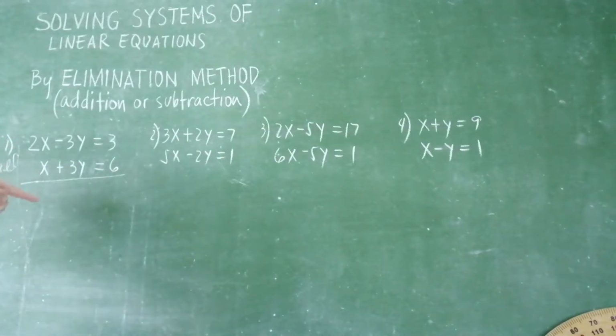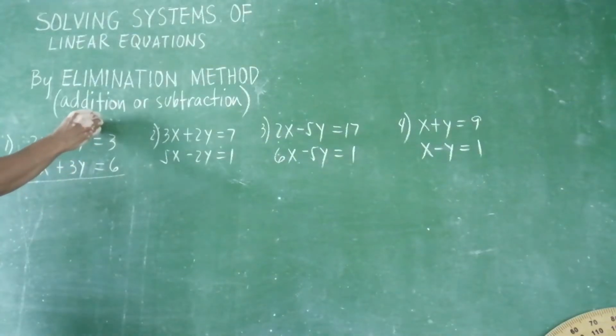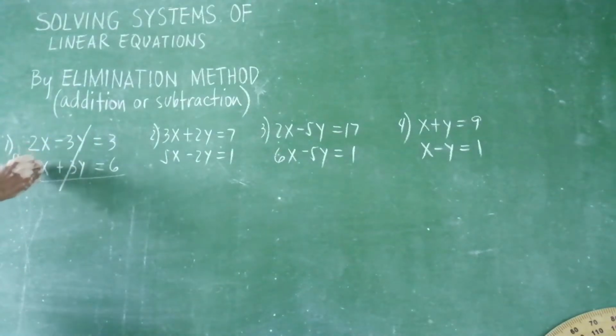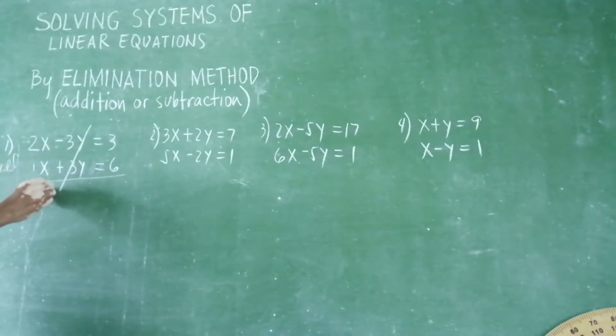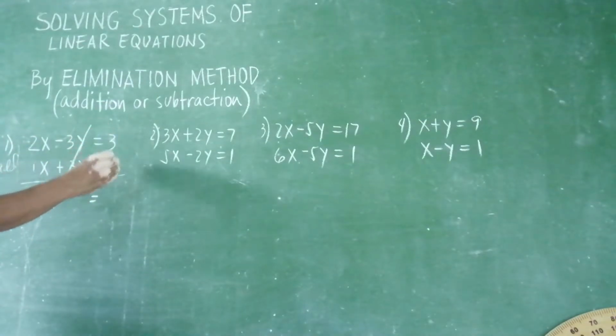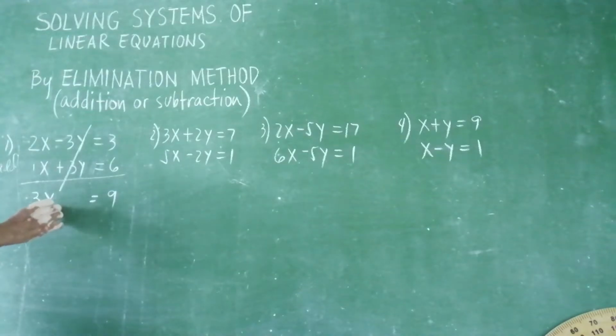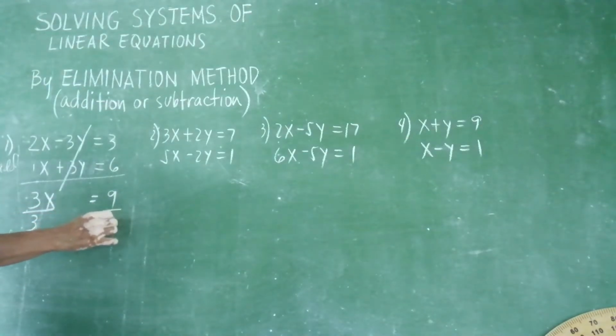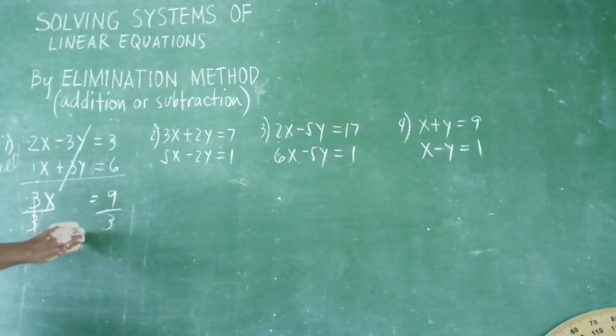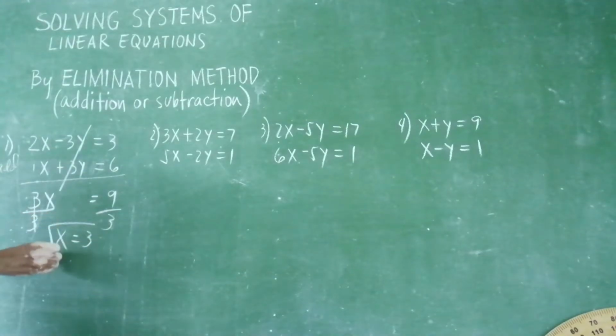When we add, the y terms cancel out. That's the purpose of elimination, eliminating one variable. So we cancel that, and this will become 3x, and we add that will be 9. Divided by 3, so x will be equal to 3.